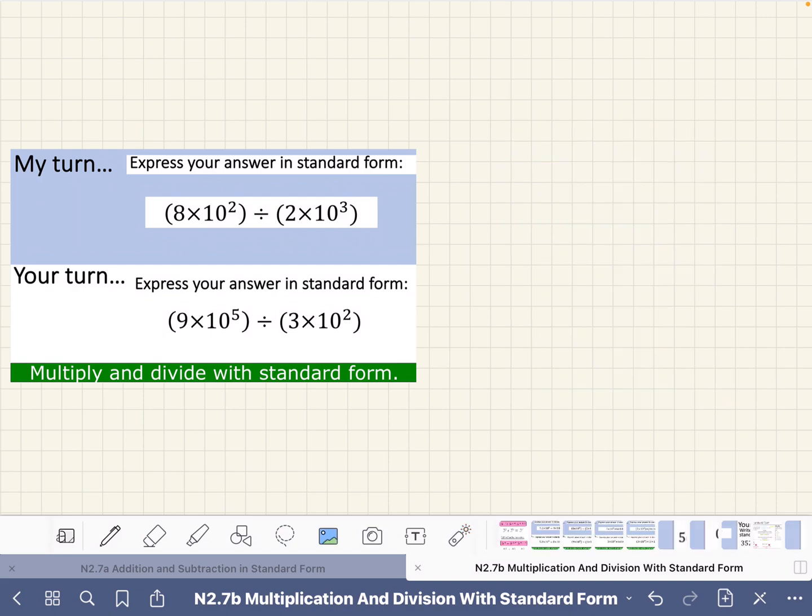So in this case, we are looking to do 8 divided by the 2, and then 10 to the power of 2 divided by 10 to the power of the 3.